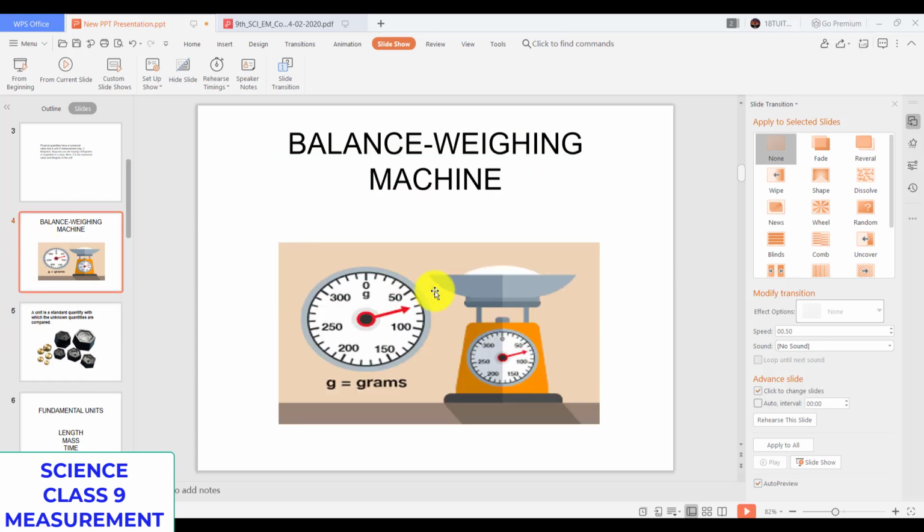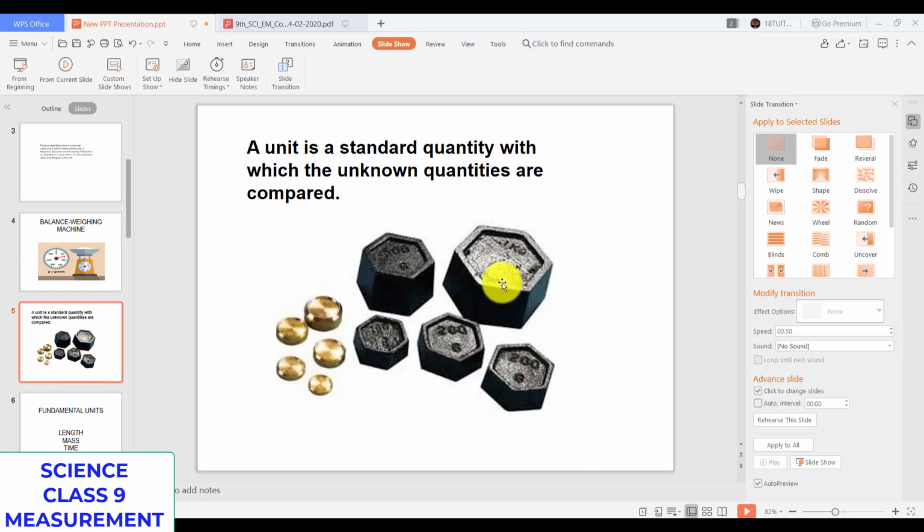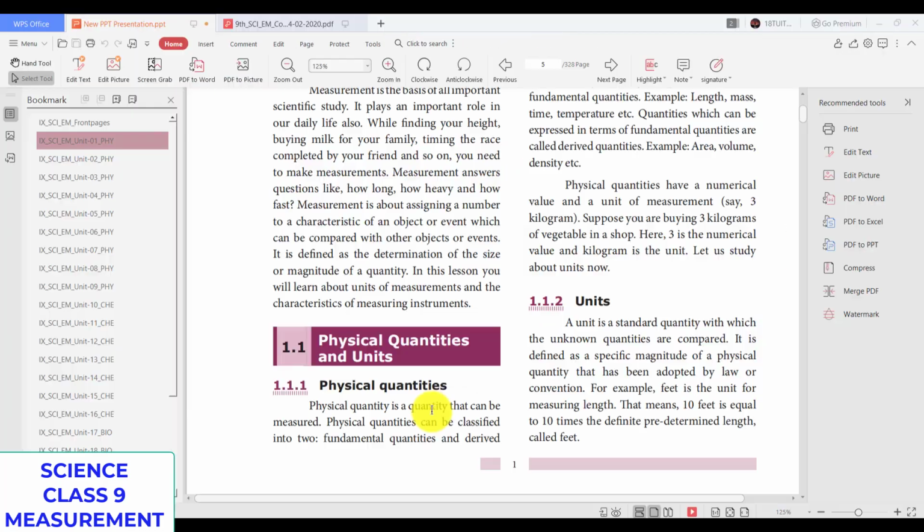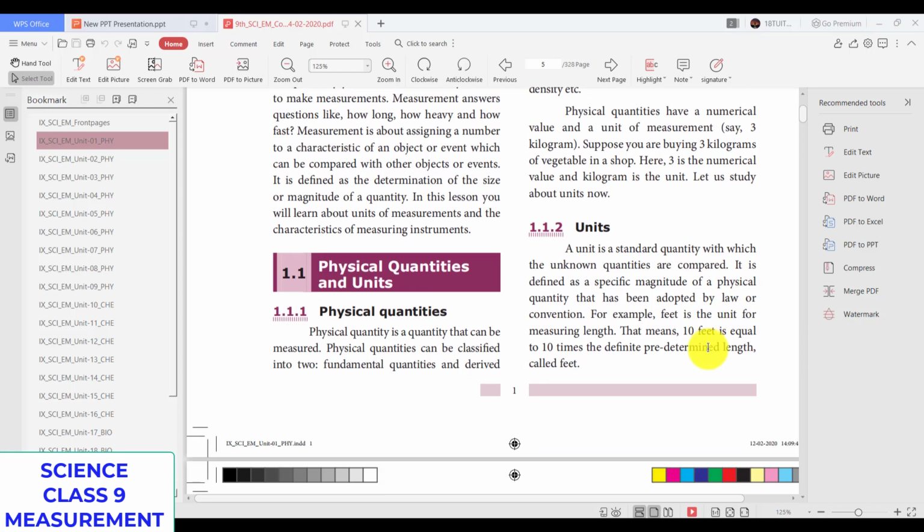So if you want to buy sugar, then you have to compare with these physical measuring weights. So it is compared with the standard quantities. See, a unit is a standard quantity with which the unknown quantities are compared. By comparing with that, you can get the real value of that quantity.